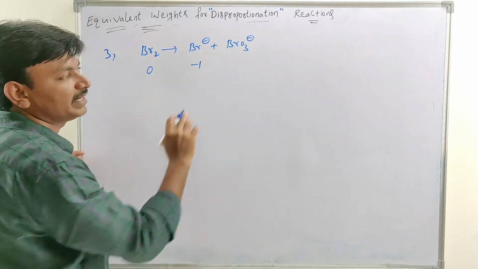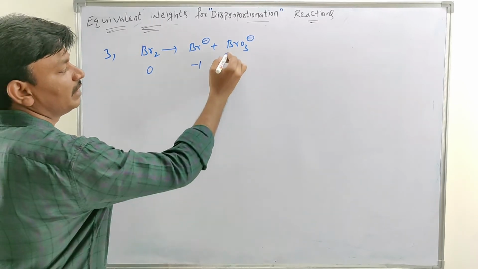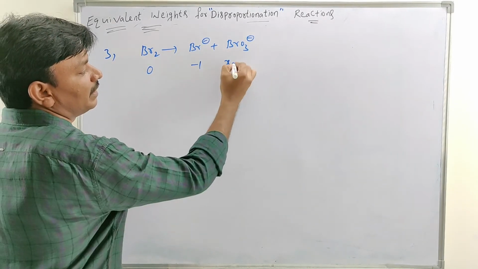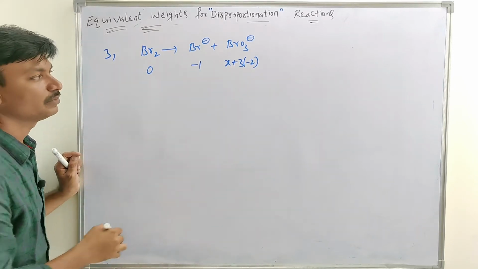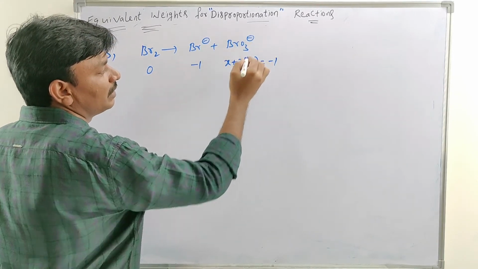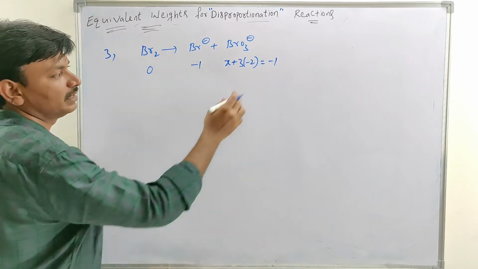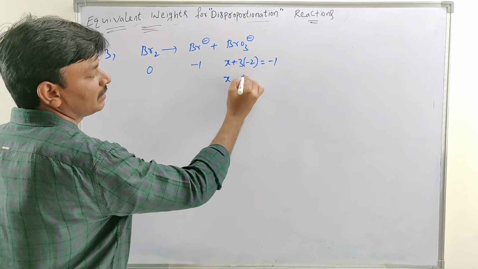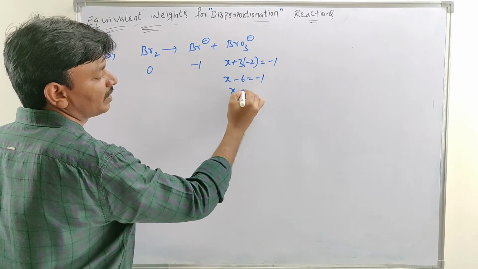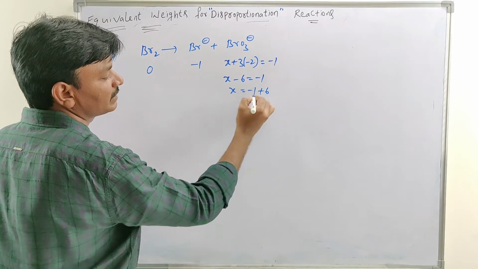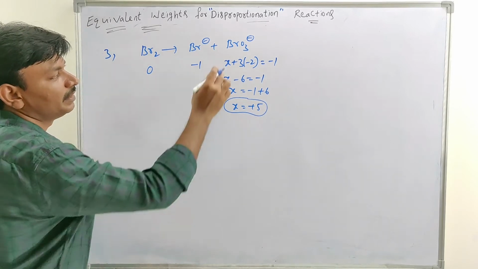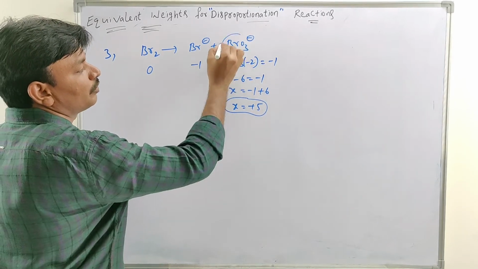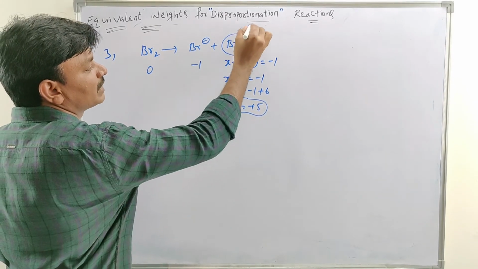In BrO3 minus, the bromine oxidation number is X. Here 3 oxygen atoms are present, each oxygen atom minus 2 oxidation number, and the charge is minus 1. X minus 6 equals minus 1. X equals minus 1 plus 6. X equals plus 5.